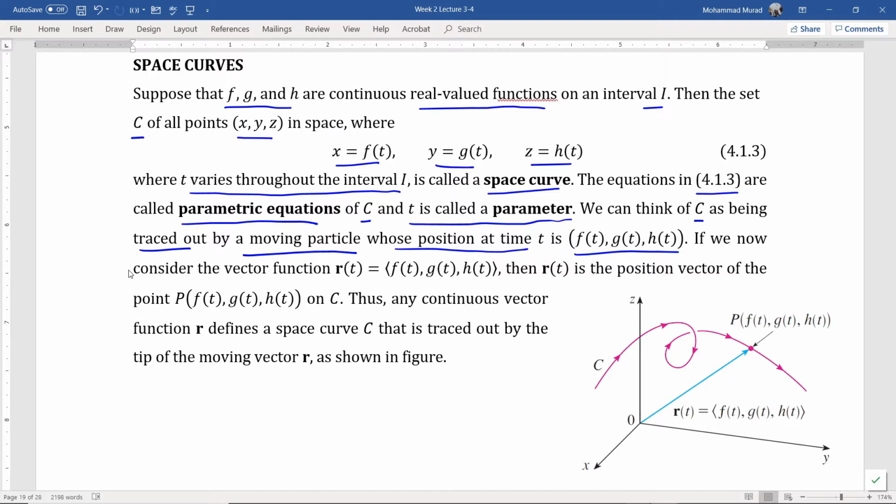If we now consider the vector function r of t with the components f of t, g of t, h of t, then r of t is the position vector of the point P with coordinates as the component functions of the vector r on C. Thus, any continuous vector function r defines a space curve C that is traced out by the tip of the moving vector r, as shown in the figure.